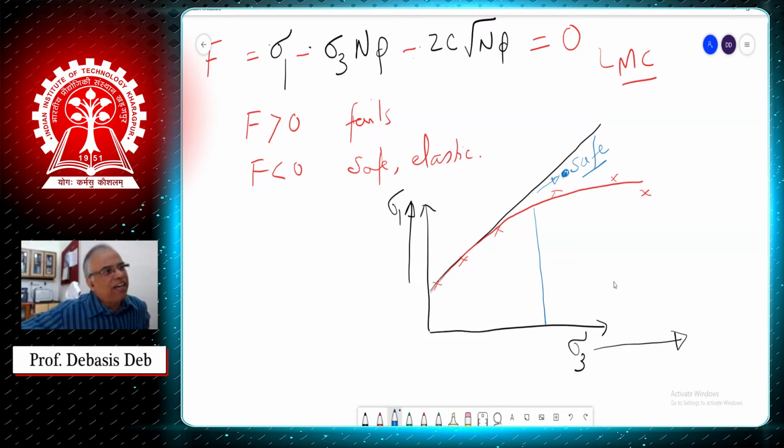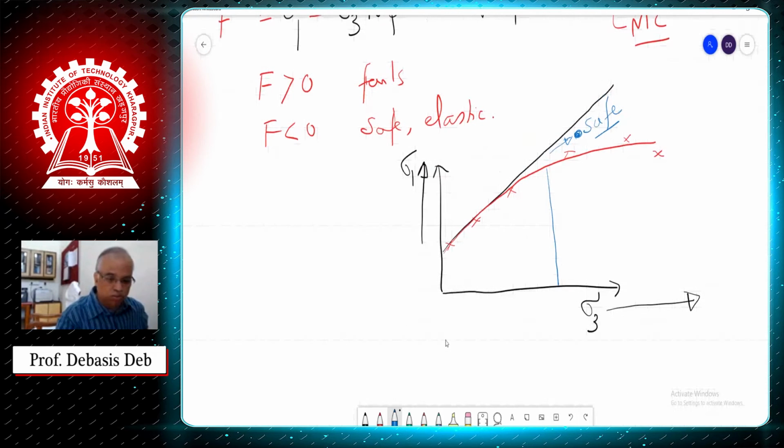So finally, there are 2 persons. One name is Hoek, another is Brown. 2 famous researchers, we call it the Hoek-Brown criteria. He is Canadian and he is Australian.